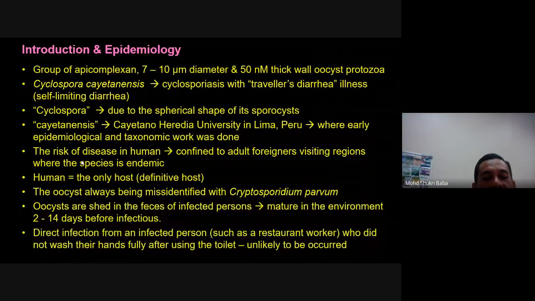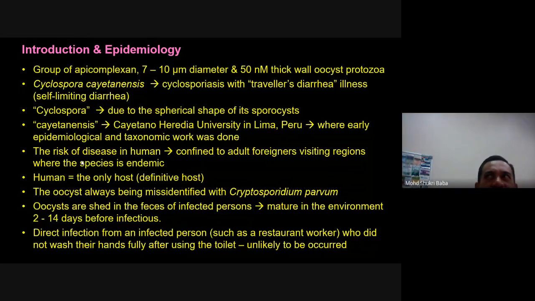Okay, direct infection from an infected person, such as a restaurant worker who did not wash their hand fully after using the toilet, is unlikely to be occurred. Alright. So basically ini adalah studi yang juga dilakukan oleh Universiti Cayetano Heredia tadi, menyatakan bahawa direct infection from the infected person, especially mereka yang bekerja dekat restoran, who did not wash their hand fully after using the toilet is unlikely to be occurred.